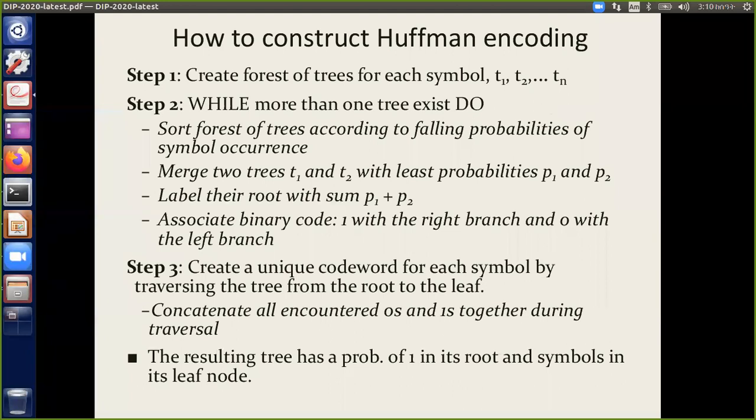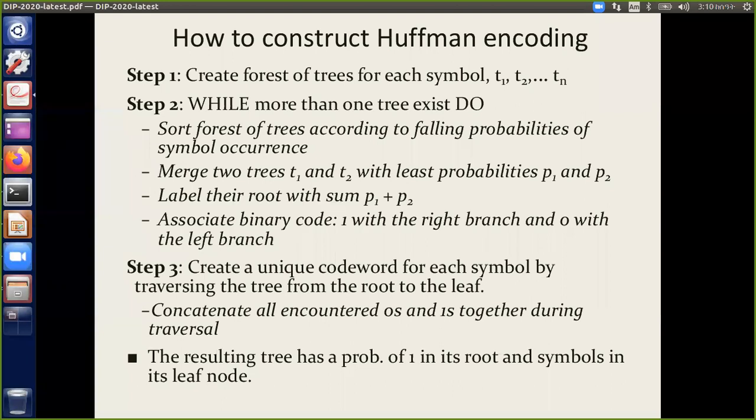If there are n symbols, we have n trees in our forest. That's why it's also called a forest of trees. That means there are multiple trees, but Huffman encoding tries to bring that forest into one tree.